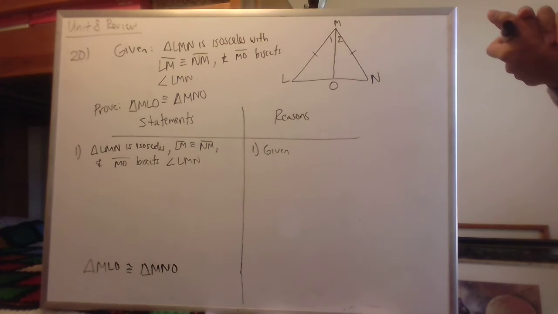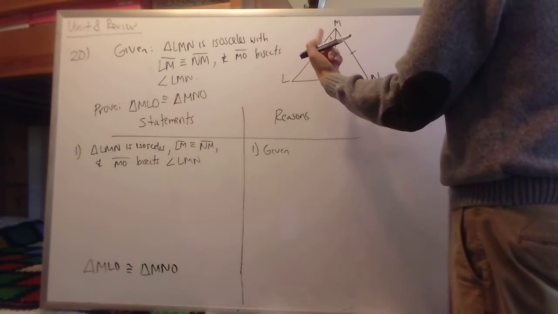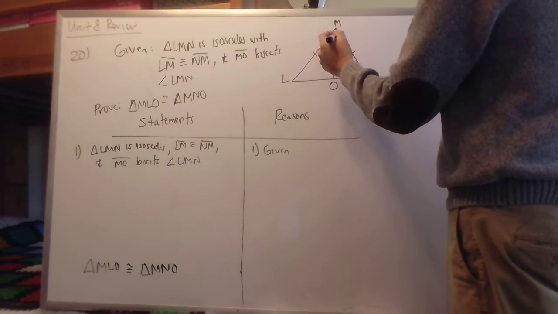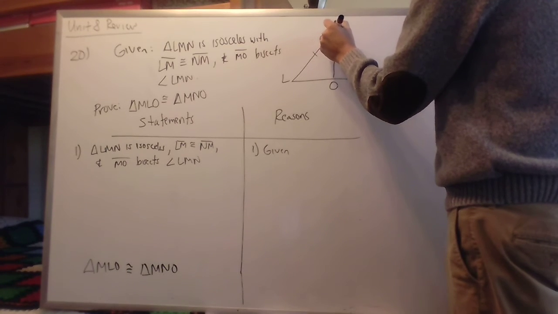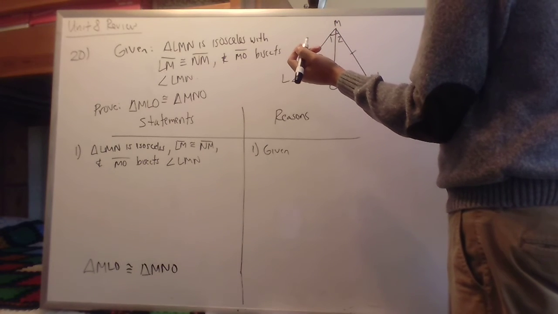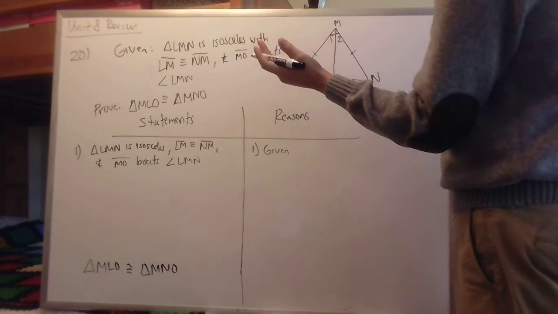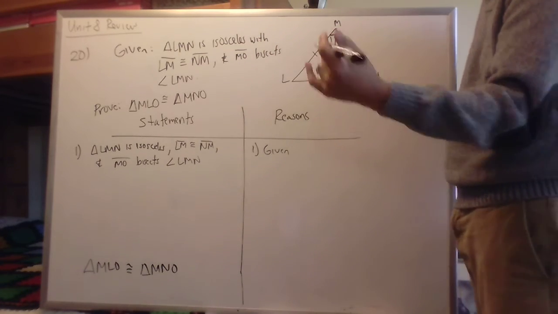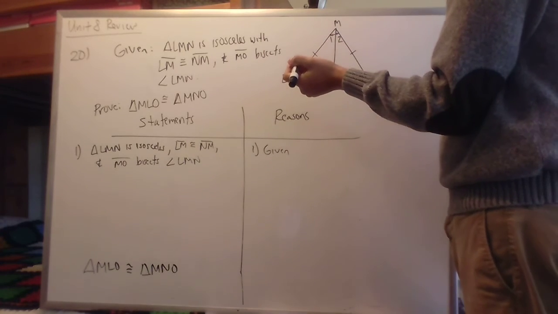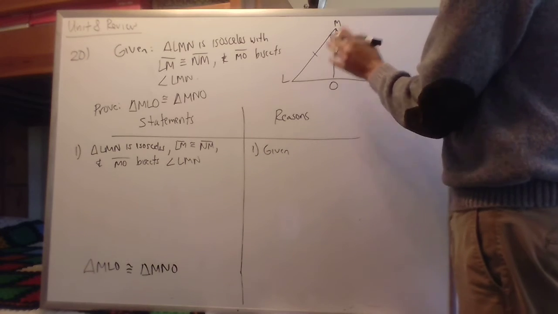And then it says MO bisects angle LMN. So if it bisects, that means that these two angles, angle 1 and 2, are congruent to one another, because a bisect divides angles into two equal parts.